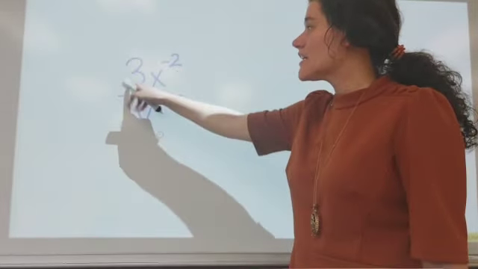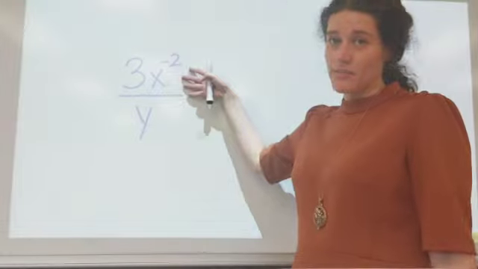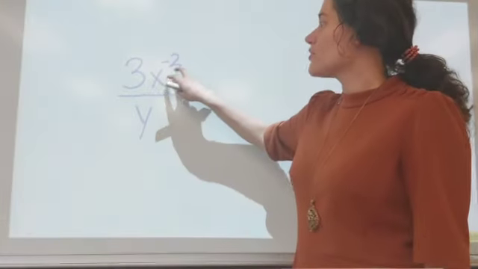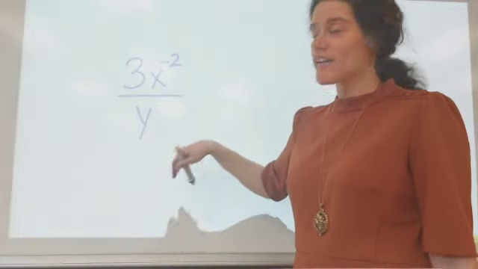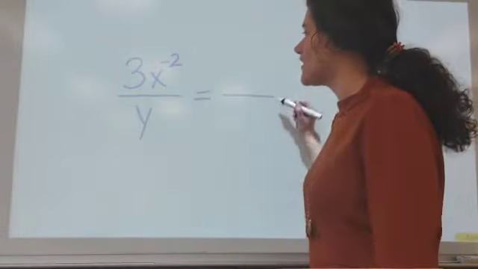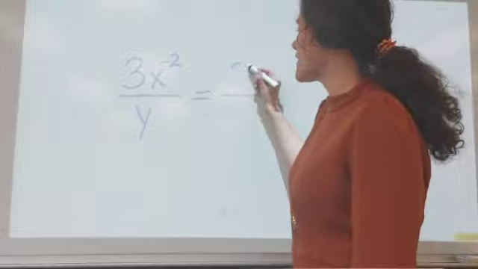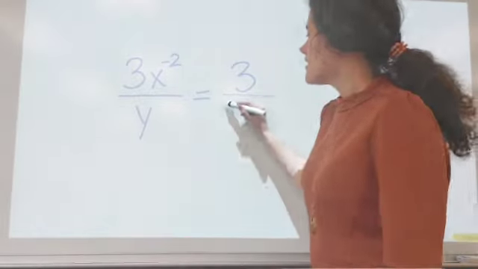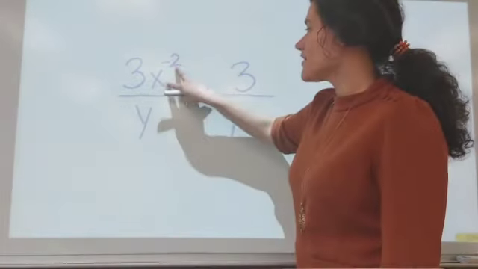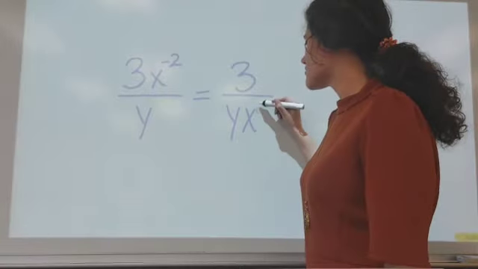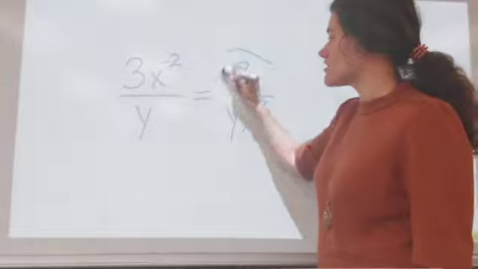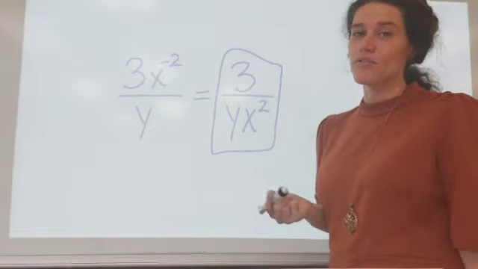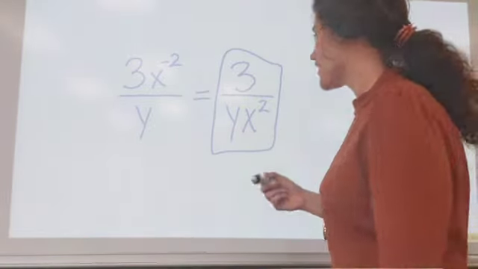That 3 is not involved with this exponent at all. So this negative 2 is only going to move the x, so that now this 3 stays on top, and the x squared goes to the bottom to become a positive exponent.